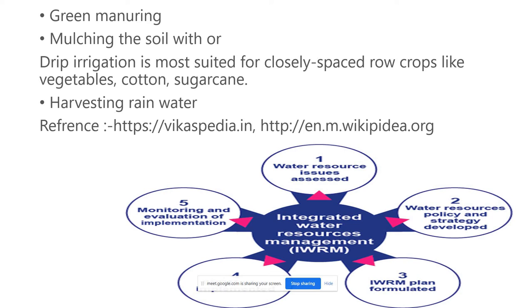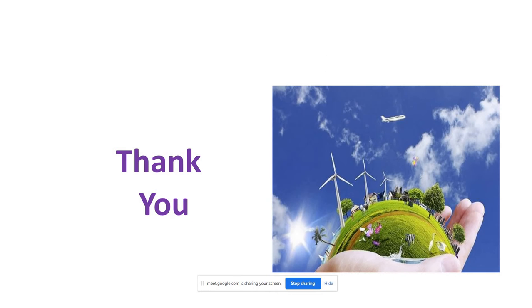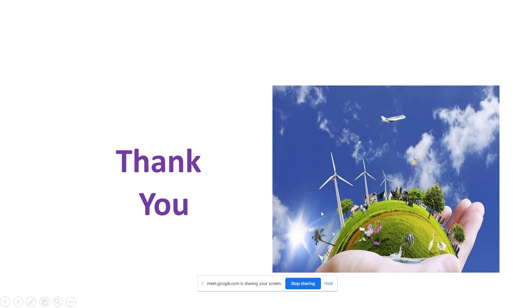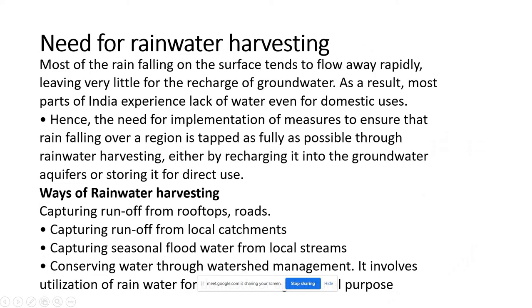Okay, so Jannat, how are you going to contribute in this area of water resource management? What can you do for better water resource management? What is your suggestion, being a student of chemical engineering? We can conserve water.